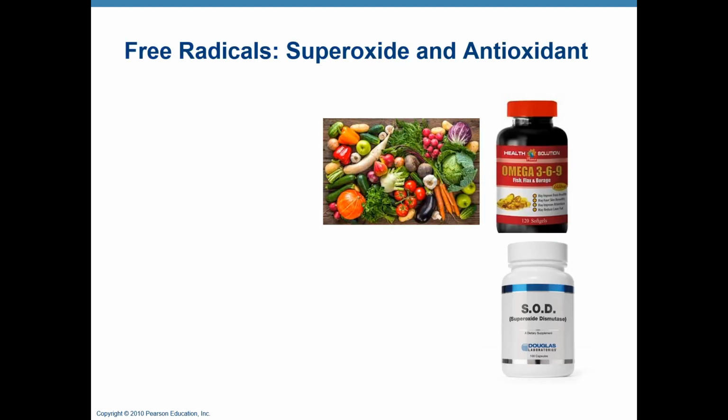Now we'll talk about a very important component that is produced in the body continuously. Those components are called free radicals. Free radicals are produced inside the body and could be harmful for the body.